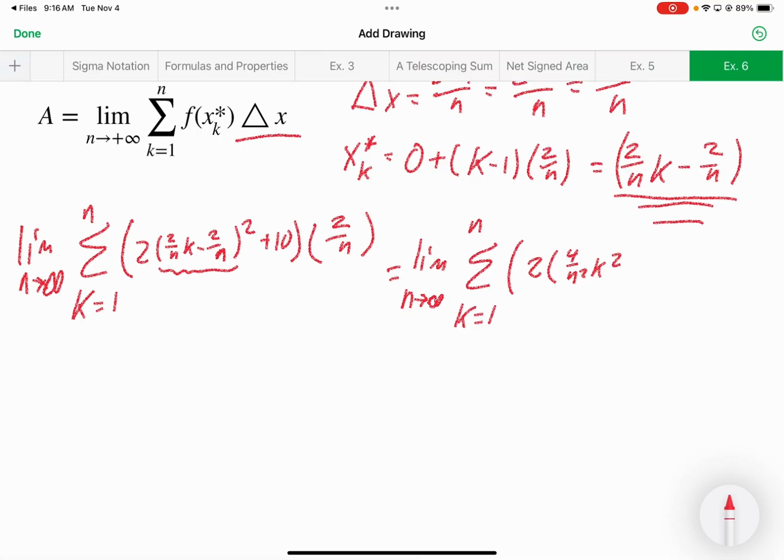And then I have 2 over n k times negative 2 over n, which is going to give me negative 4 over n squared k. But then there's 2 of them, so negative 8 over n squared k. And then plus 2 over n times 2 over n is going to give me 4 over n squared.